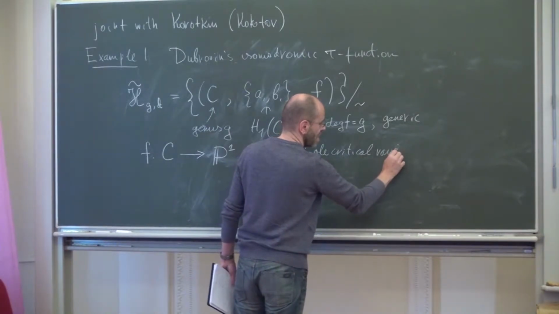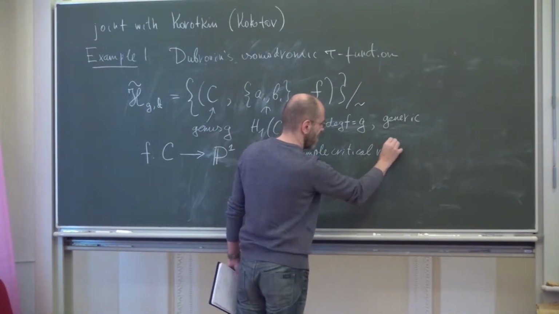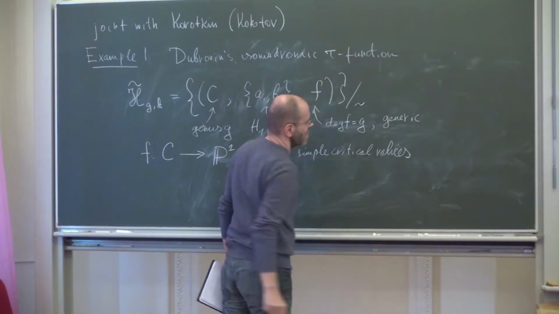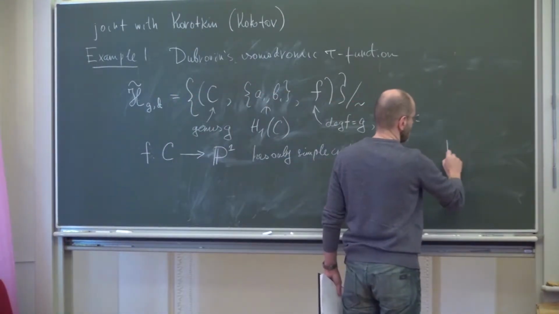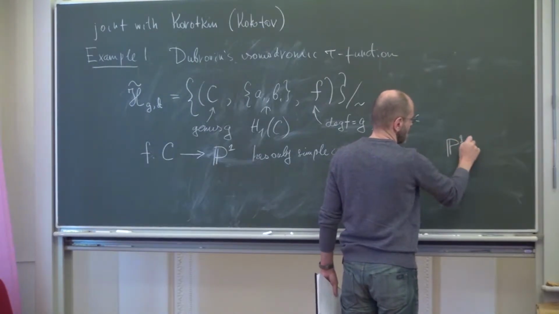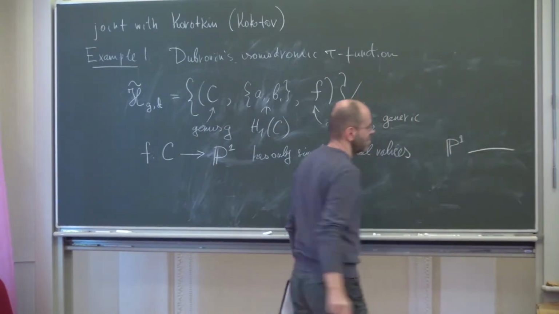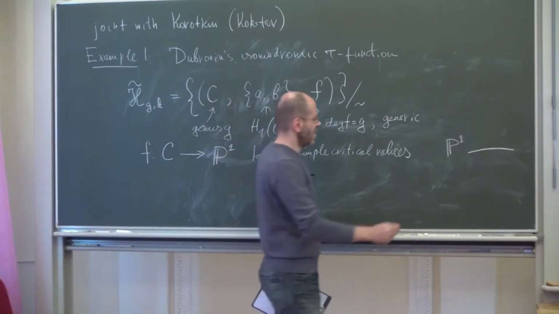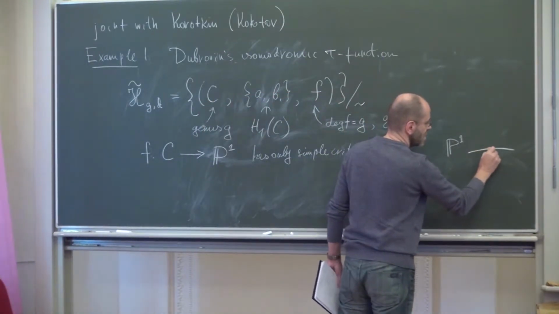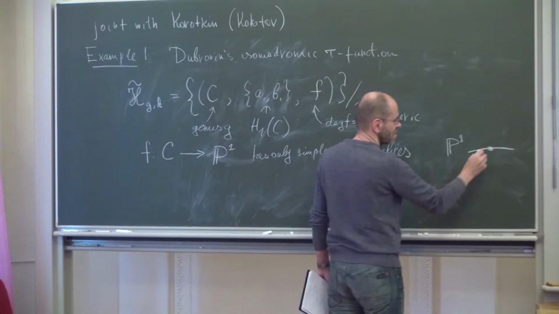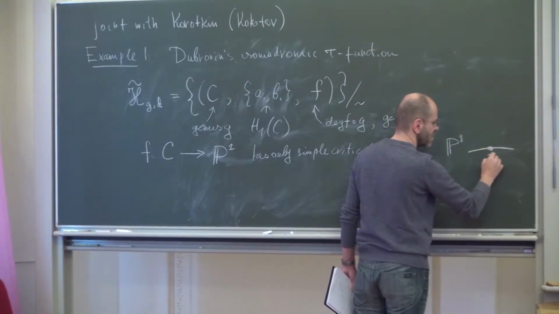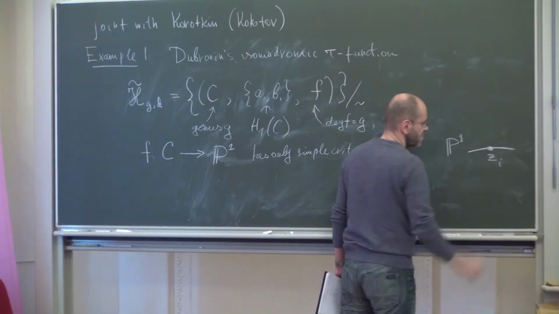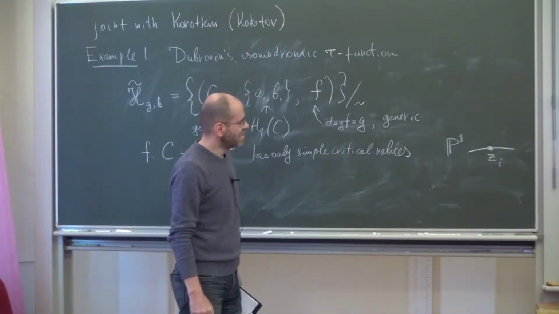So let me elaborate. So this is a projective line. Let's take a critical point, critical value. We will denote the critical values by z_i's.